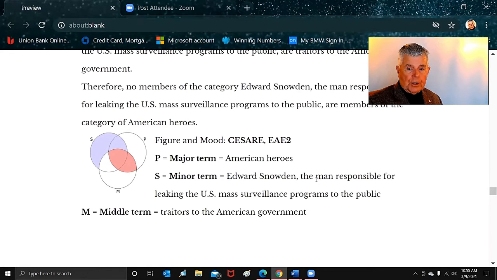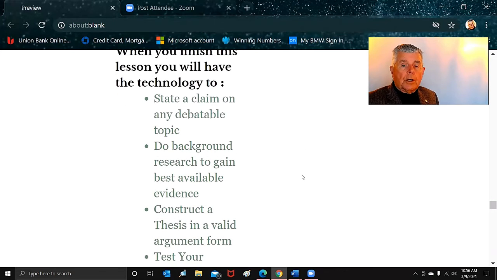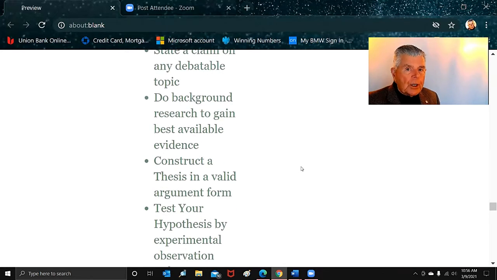Your final self-exam is if you can do this on any topic, well, then you are a critical thinker. So when you finish this assignment, you'll be able to state a claim on a debatable topic. You'll be able to do the background research to gain the best available evidence, the best data that's up to date. It changes every day. There's more research being done. Don't get married to one data set.